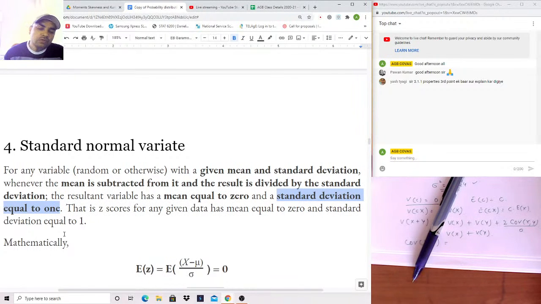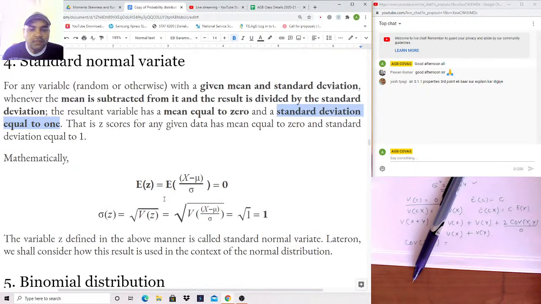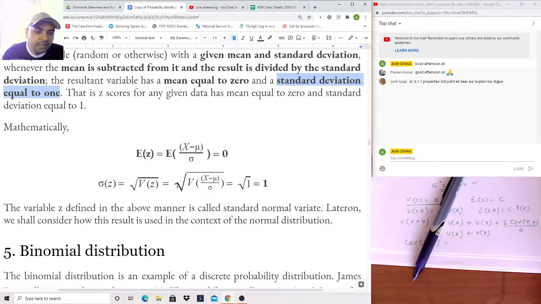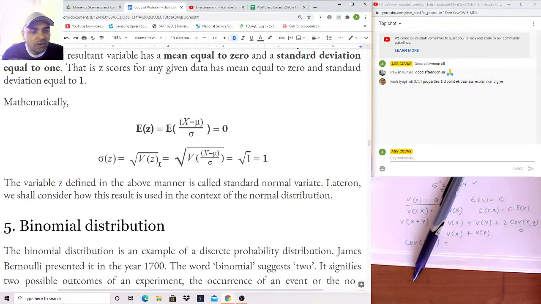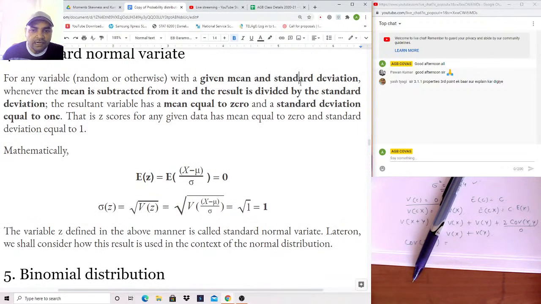So, for example, you have some values, and in those values you subtract the mean and then divide by the standard deviation. What you will find is that the resulting variable has mean equal to 0 and standard deviation equal to 1. Say Z is a standard normal variate obtained from data having a mean and a standard deviation.